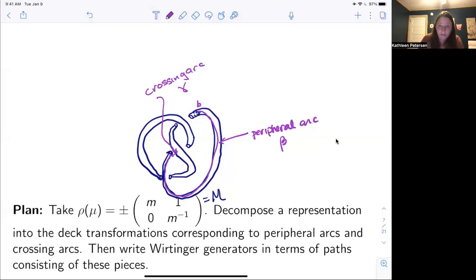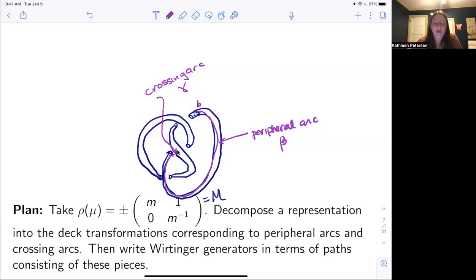So in this picture, I really hope you can see my cursor. Here's the first meridian going that way, and I can get to another meridian by going along the boundary of the tubular neighborhood, or along the boundary torus, jumping up, and then I can go around this little piece of the knot here just once.